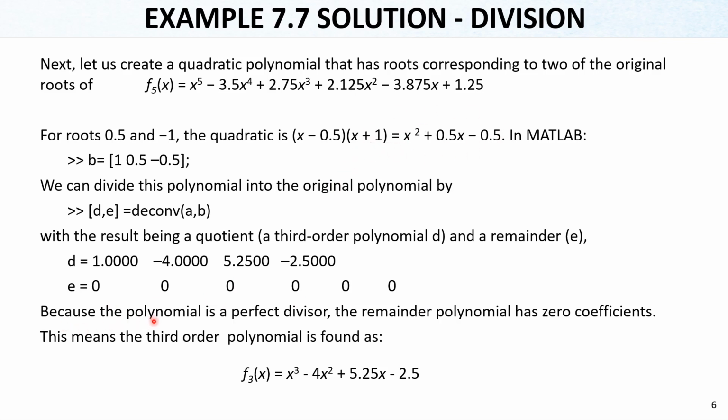Because the polynomial is a perfect divisor, the remainder polynomial has 0 coefficients. This means the 3rd order polynomial is directly written using these coefficients like this. So this was the result of the division of the 5th order function.